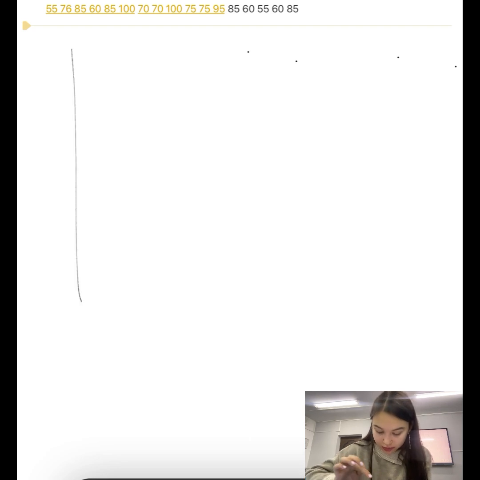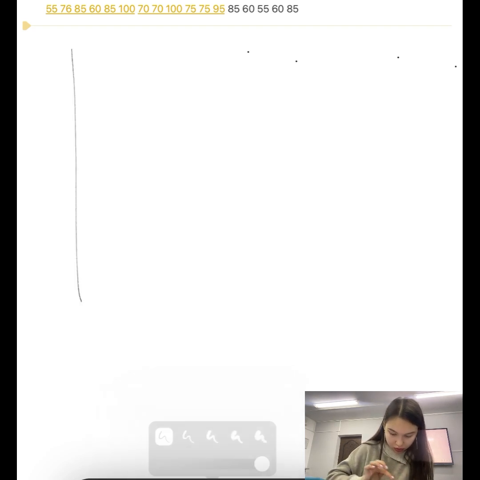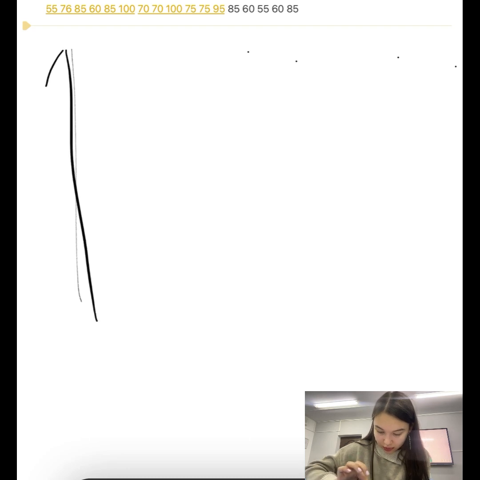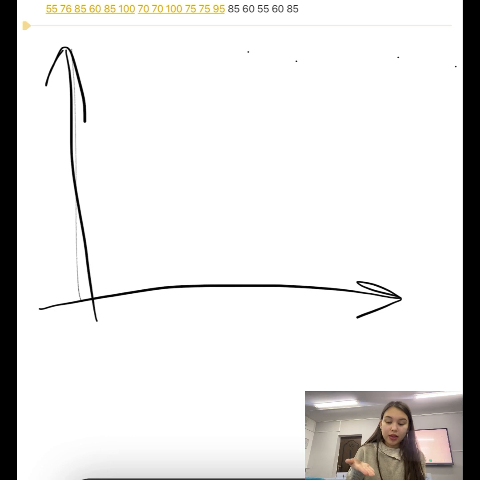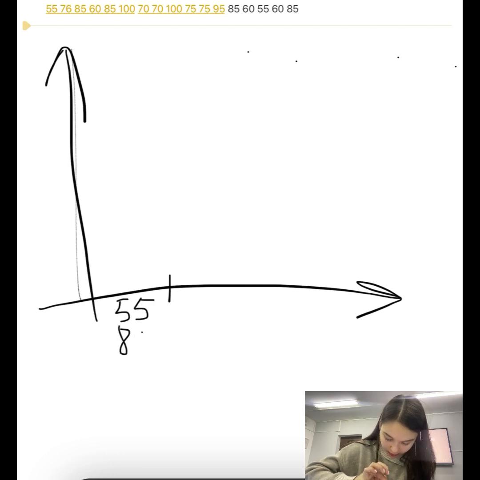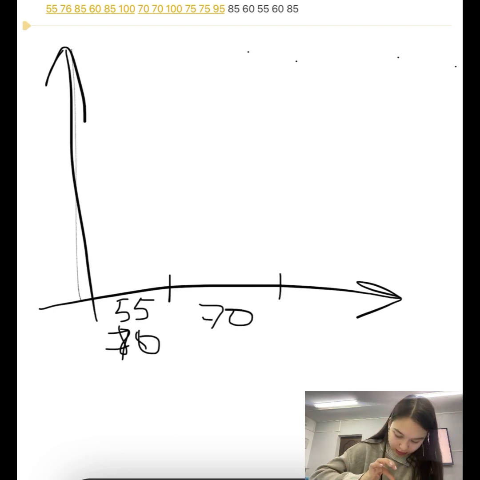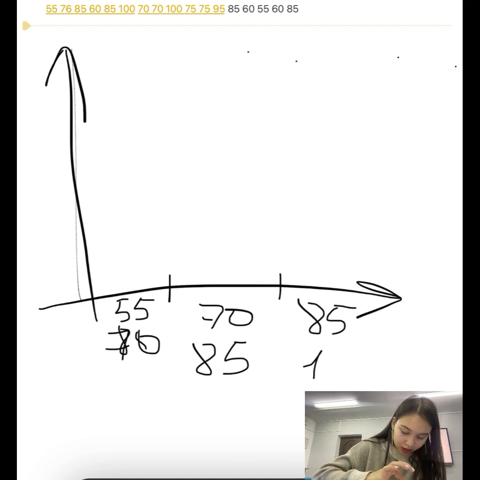For example, let's draw this, and the first interval will be from 55 to 70, from 70 to 85, and from 85 to 100.